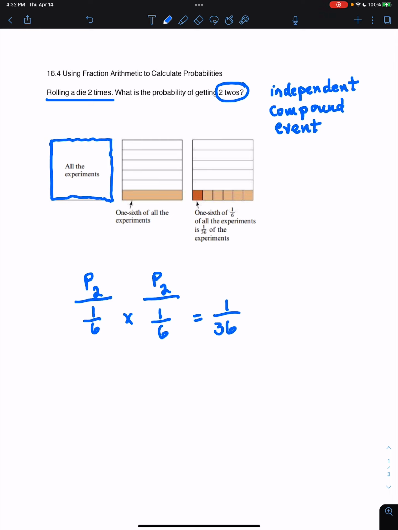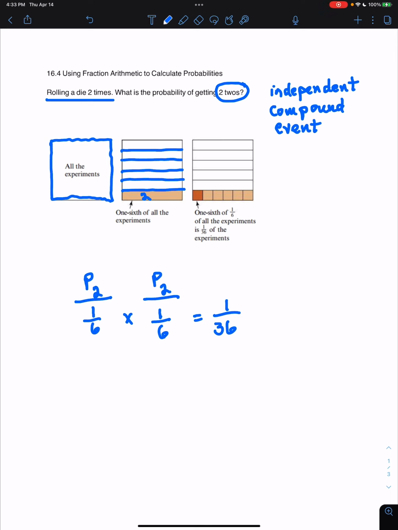That's why we've divided our rectangle into 6 equal pieces, equal because we have an equal chance of getting any of them. In this case, we want to roll a 2, so the shaded region represents the probability of rolling a 2 on the first roll. So that's 1 out of 6.